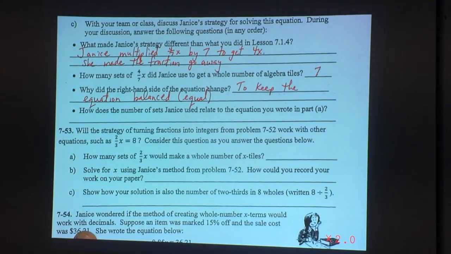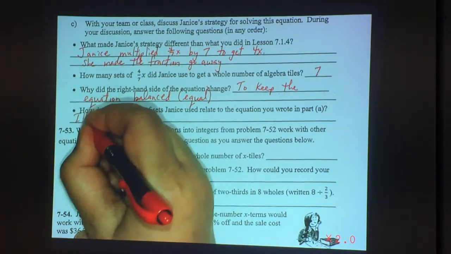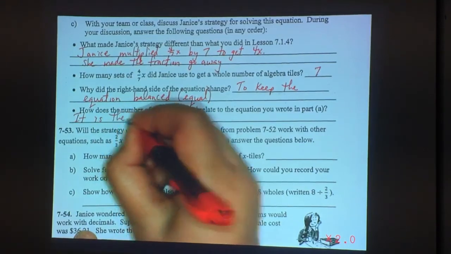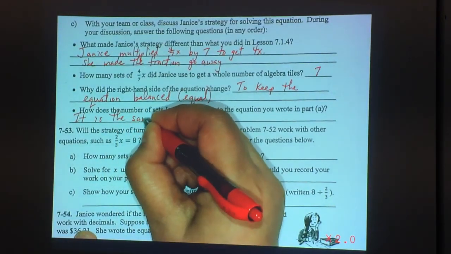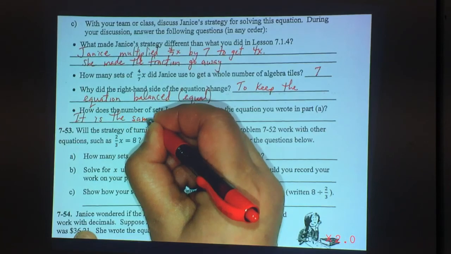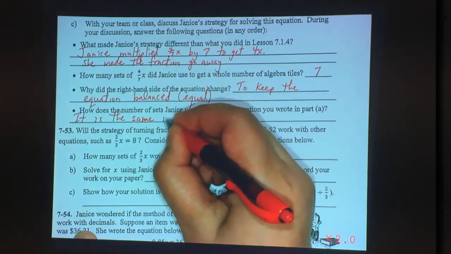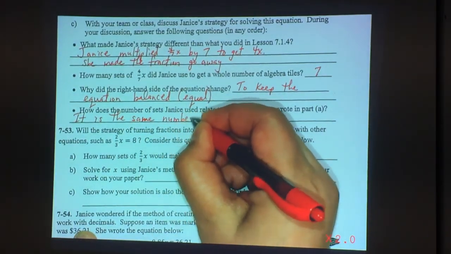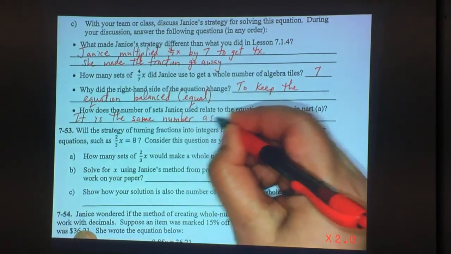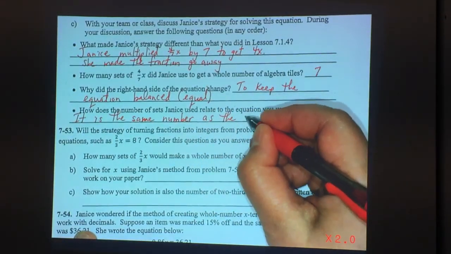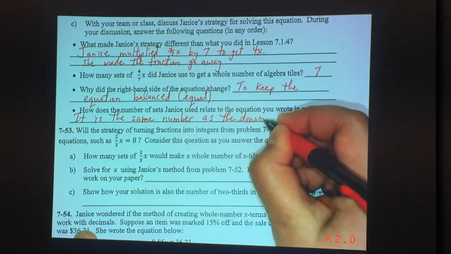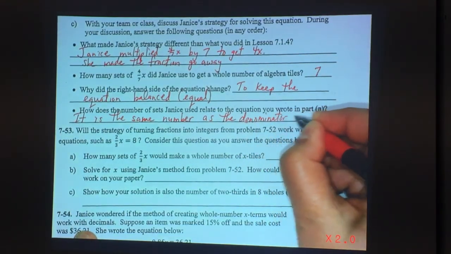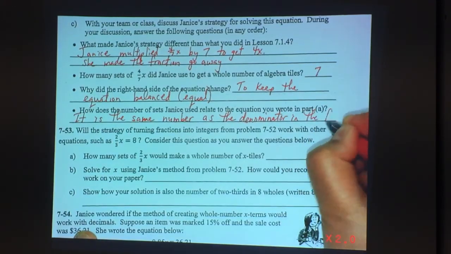Okay. How does the number of sets Janice used relate to the equation you wrote in part A? It is the same number as the denominator in the fraction.